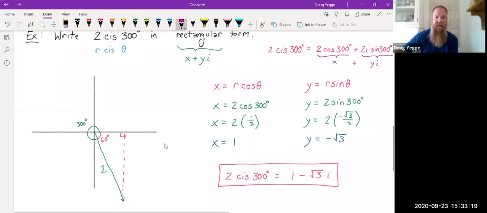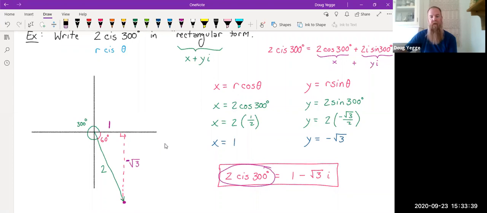If the hypotenuse is 2, remember that the shortest side is 1, and the longer side is √3. But because I went downwards, it's negative √3, which is why this should make total sense: even though we drew 2 cis 300 to begin with, this was actually the complex number 1 minus the square root of 3i.